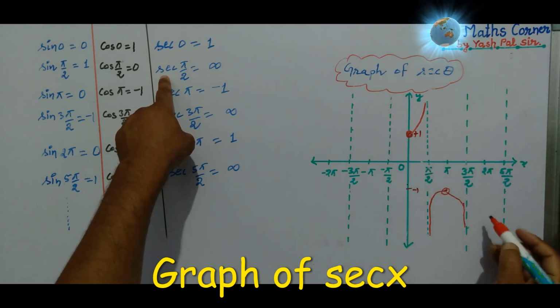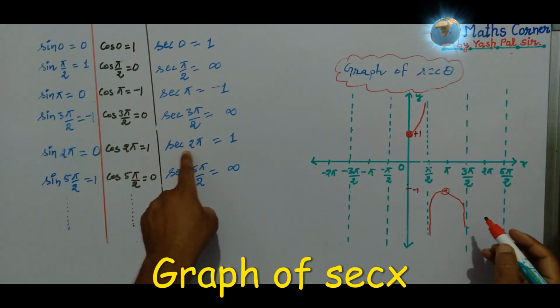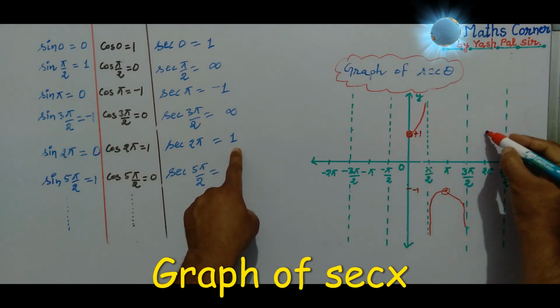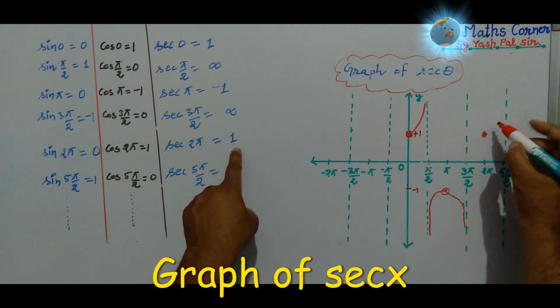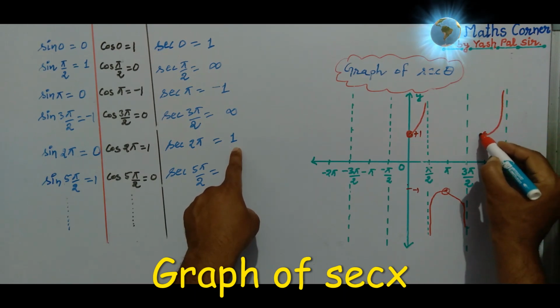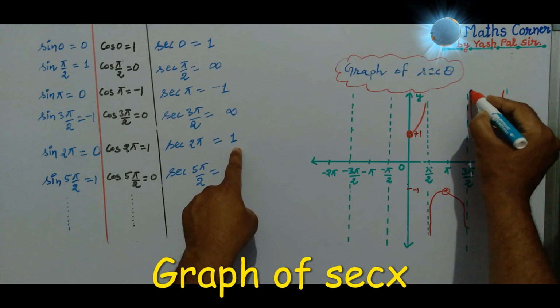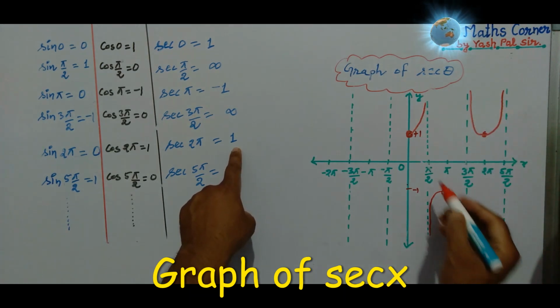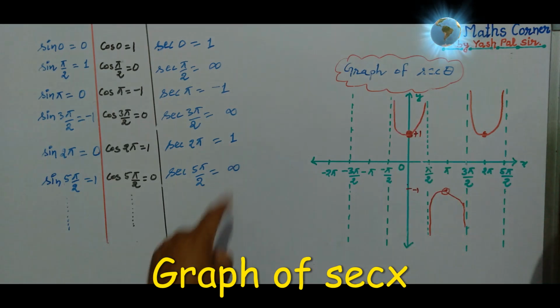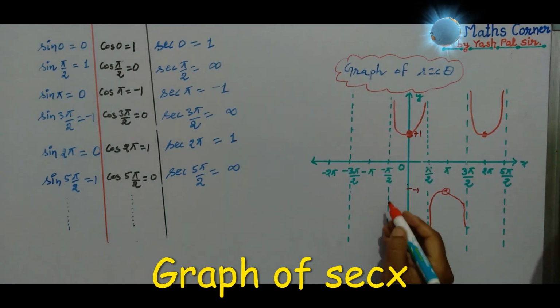Okay, so likewise we have secant 2 pi, this is 1, so 1 means here. Okay, so we can sketch the graph like this. This is the graph of secant theta. So here also we can move left side also.